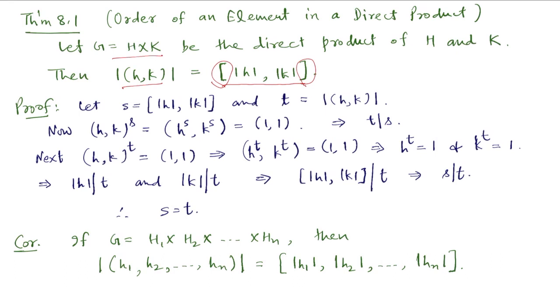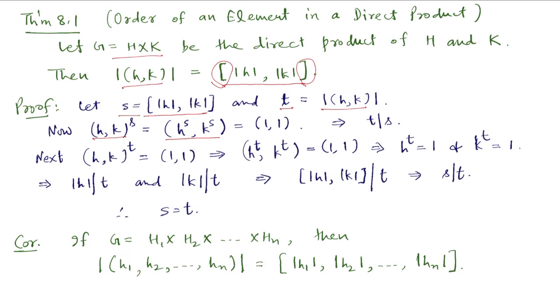Suppose the LCM of the order of h and the order of k is S, and the order of the element (h, k) is T. Now let us take the power S of this element (h, k). This will be equal to (h^S, k^S).